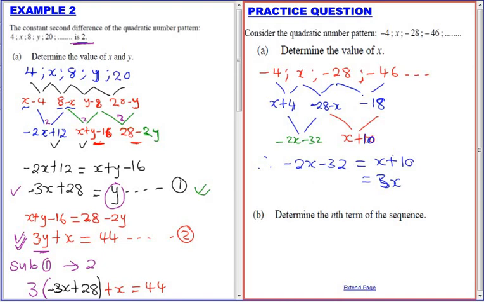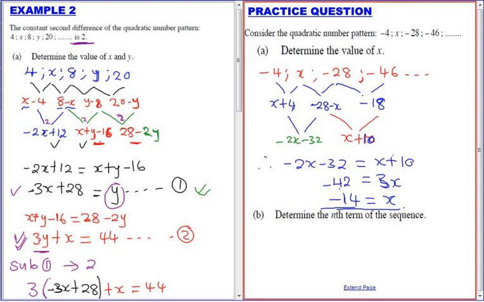And then negative 32 minus 10 should be negative 42 now. Dividing all of that by 3, that should give us negative 14. So that's our x value. That's the unknown. I hope you got that x value easily.